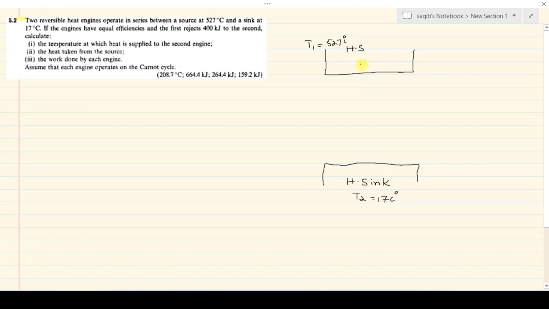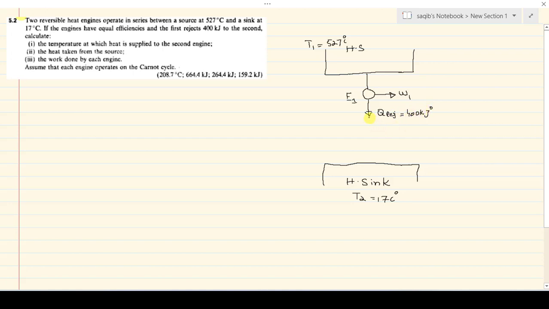This heat source transfers heat to the engine that gives you output in the form of work, that is W1, because this is the first engine, E1. This engine delivers and rejects heat Q reject, the rejected heat by engine 1, that is 400 kilojoule.